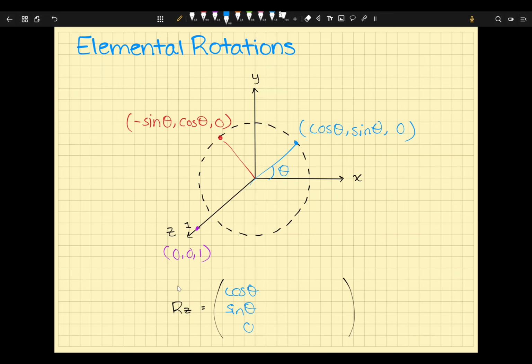Our y-axis went to negative sine theta, cosine theta, 0. And then our z-axis just stays put, at 0, 0, 1. And this is the elemental rotation matrix for the z-axis. So hopefully this isn't too scary. I mean, we're basically just reusing exactly what we just saw.